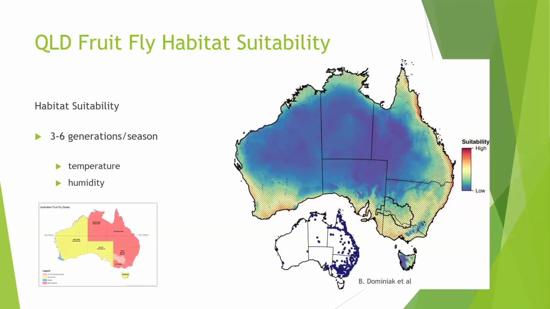So where can fruit fly live? It can live anywhere where there is warmth and humidity and a place to breed. In Melbourne, we expect 3 to 6 generations to successfully go through each season. It is present in the Northern Territory, Queensland, New South Wales and Victoria.